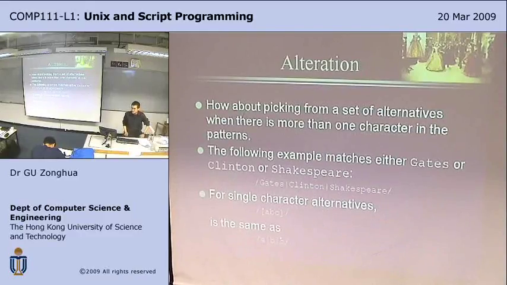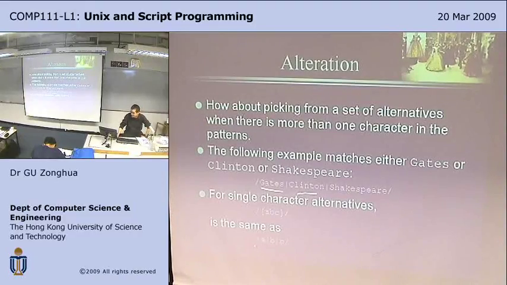So if there's more than one character in the patterns, and you want to select among three choices, Gates, Clinton, or Shakespeare, you say this. Use a vertical bar to separate the choices.